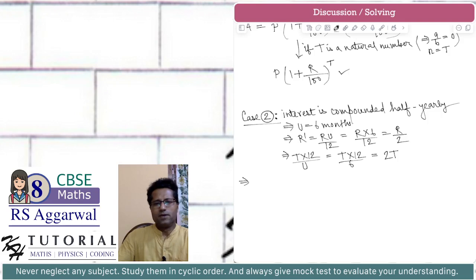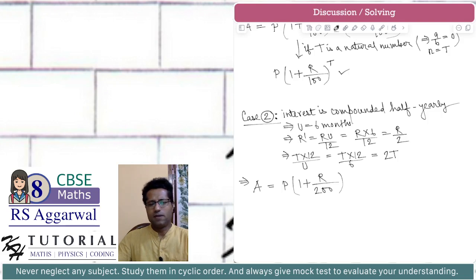Then we can say that the formula becomes P times 1 plus r dash, which has become r by 2, so it will be r by 200, to the power n, and we will also have this 1 plus a by b r by 200.